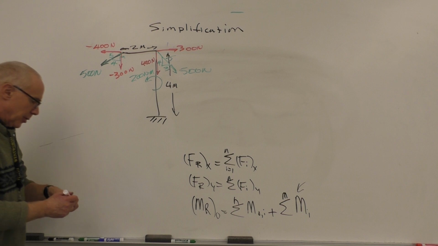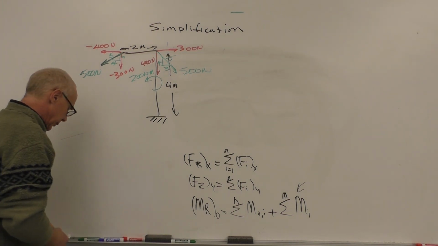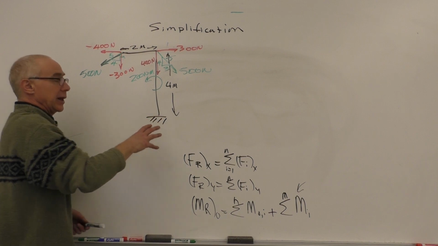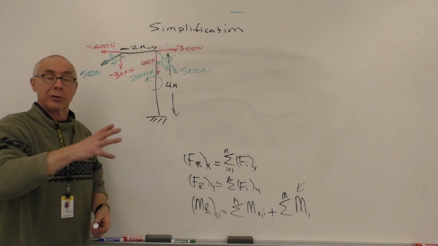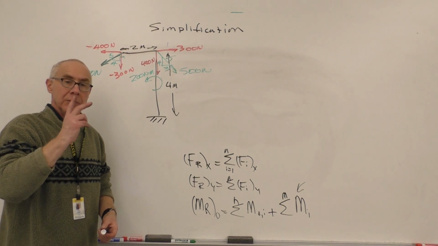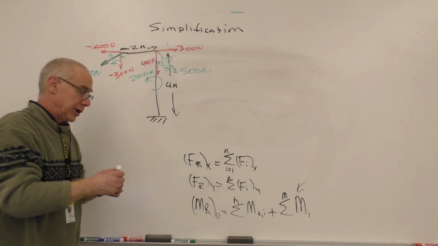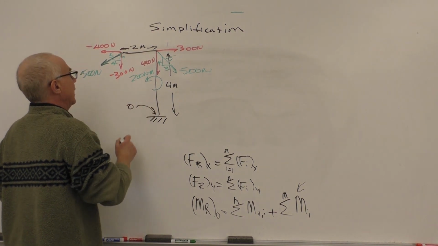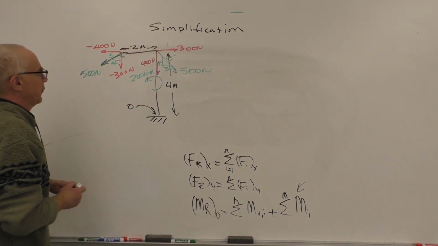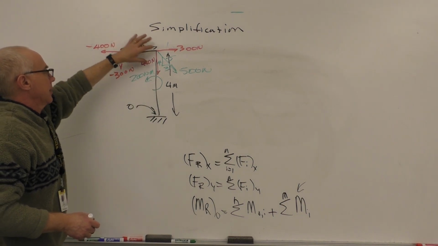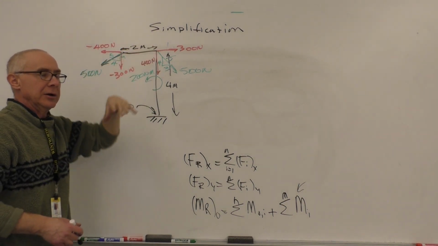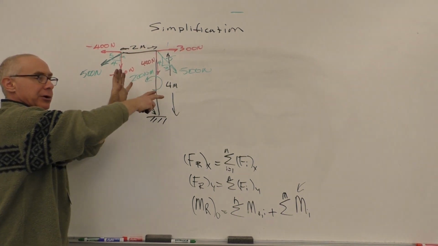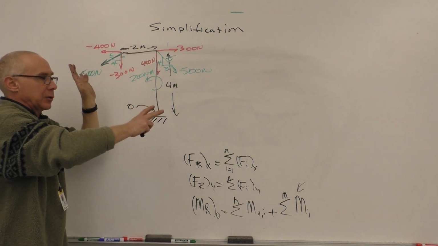And now we can add up all these vectors and get our resultant vector. Eventually, our resultant vector is going to be evaluated. We're going to end up with all these complicated things that are going to reduce to one vector, one moment applied at point O. And we'll use our point O here. And it may seem a little odd. You go, well, you put a force down here. How can that be the same as having all these forces up here? From the standpoint of the bending moments, the internal forces within the members, different, non-equivalent.